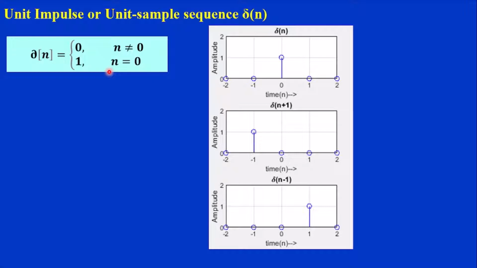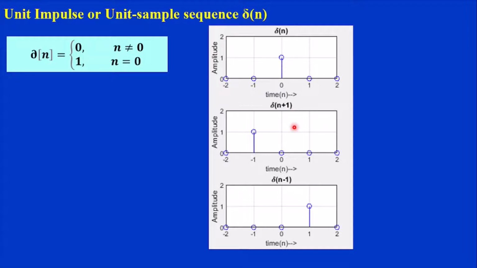When you compare it with the continuous time version, we have a pulse at t equal to 0, and the area under the pulse will be equal to 1. Whereas here it's the amplitude, because we are talking about discrete time version. So this is delta of n. At n equal to 0, the amplitude will be 1.